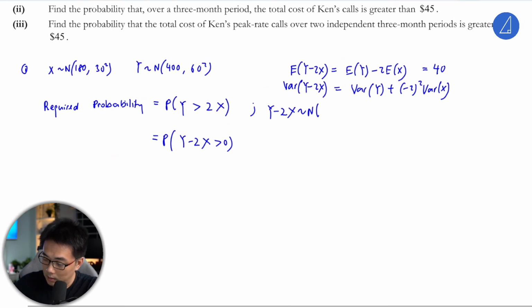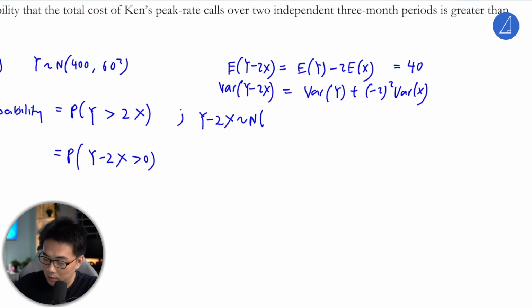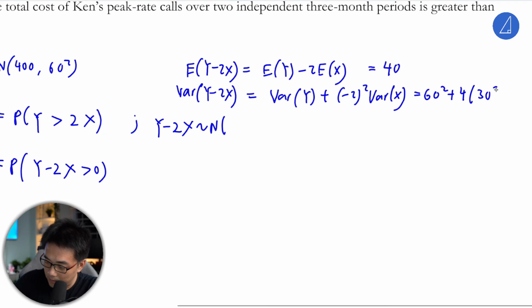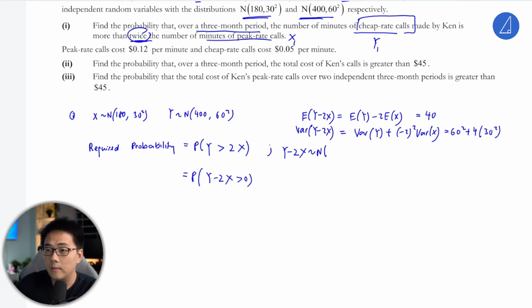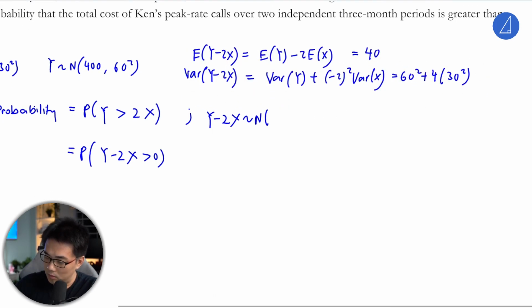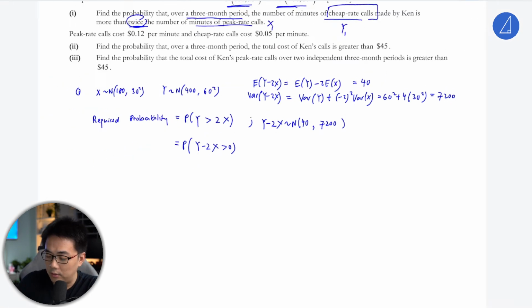And then the variance is 60 squared plus 4 times 30 squared, which is 7,200. So the mean is 40 and the variance is 7,200.